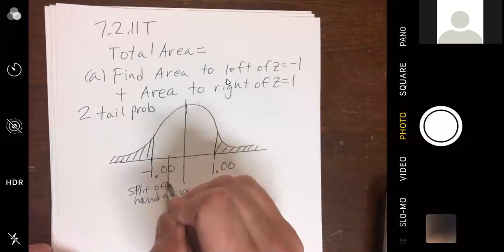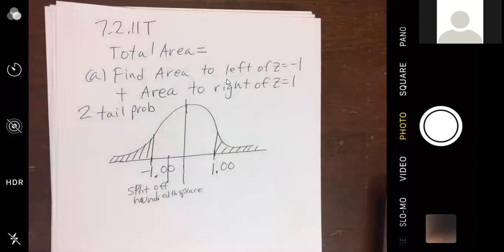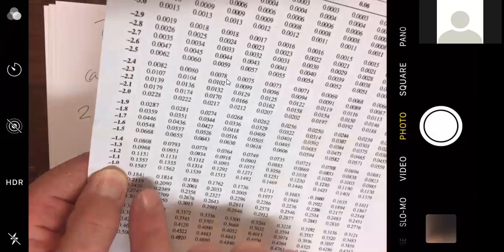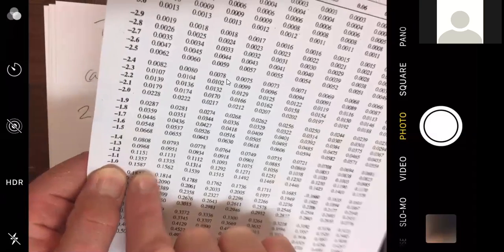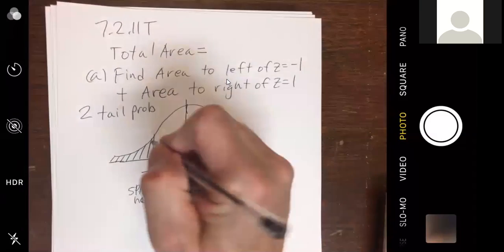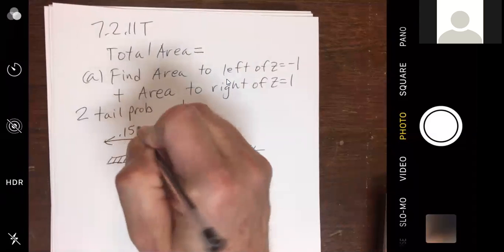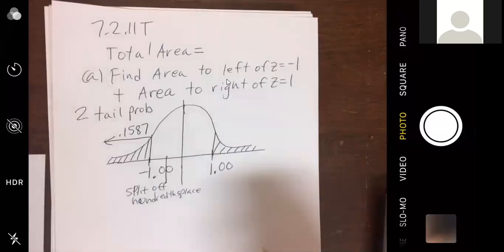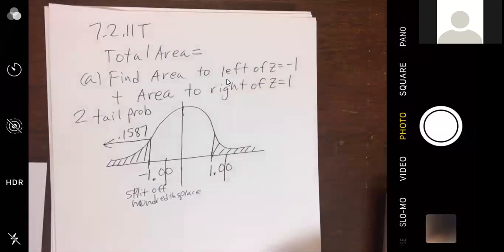So when I split that off, 1.0 and 0.00. So -1.0, and then the 0 would be 0.00. Did that go too fast? Okay.